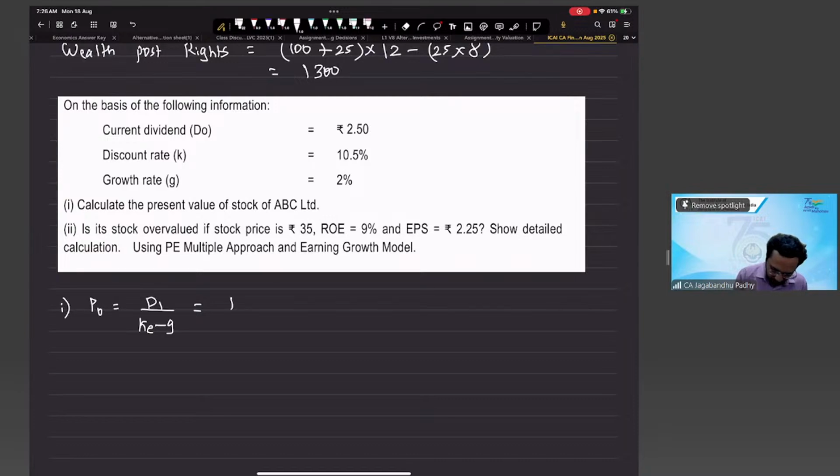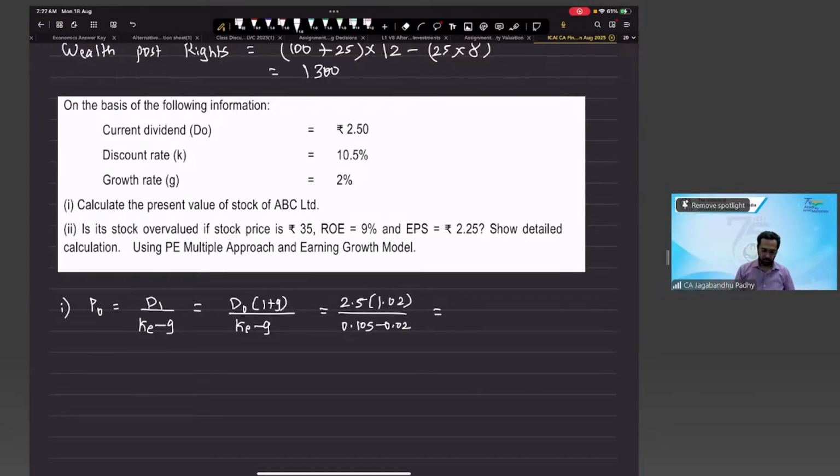D1 is basically D0 into 1 plus G. K is already given to us. So if I substitute over here, it is 2.5 into 1.02 upon 0.105 minus 0.02.